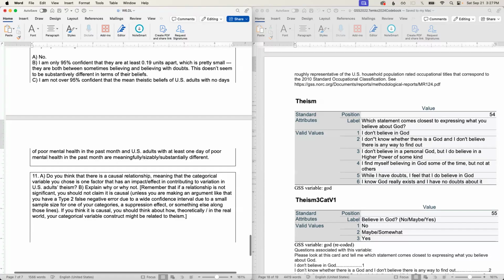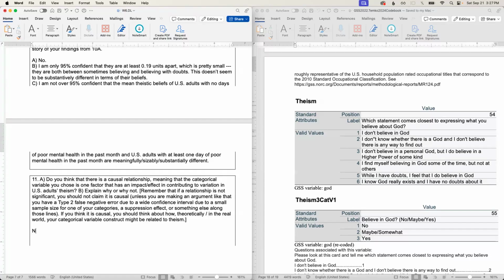For this, I'm going to say no, because I didn't have evidence that they were meaningfully different anyway. If they were substantively different, then I would need to make a claim about why it's causal.